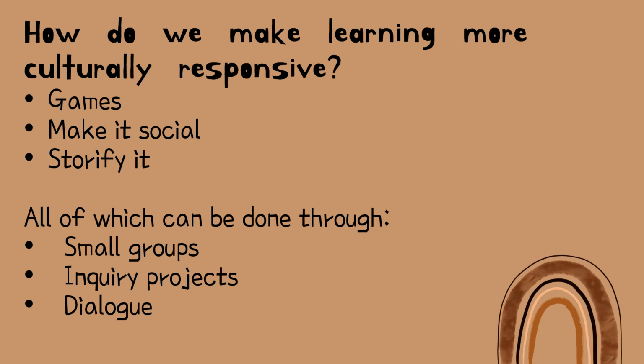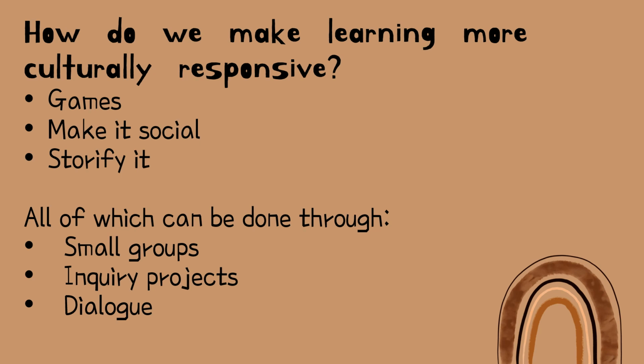Storyfying it. The brain is wired to remember stories, and it uses that type of structure to make sense of the world. So diverse students, and all students, learn content more effectively through this story structure. This also allows teachers to check whether students have any misconceptions with the content being learned.